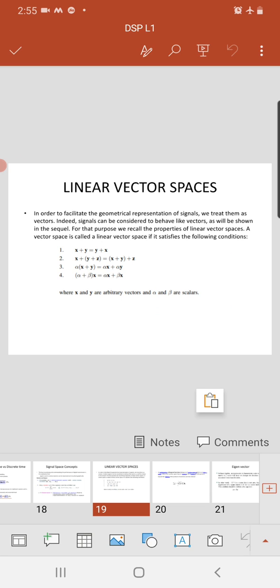The fourth condition is (alpha plus beta) x is equal to alpha x plus beta x. Here x and y are arbitrary vectors, and alpha and beta are scalars. For what purpose are vectors used? For the geometrical representation of the signal. And a linear vector space has to satisfy these four conditions, where x and y are arbitrary vectors and alpha and beta are scalars.